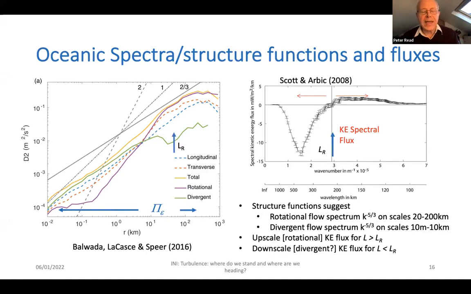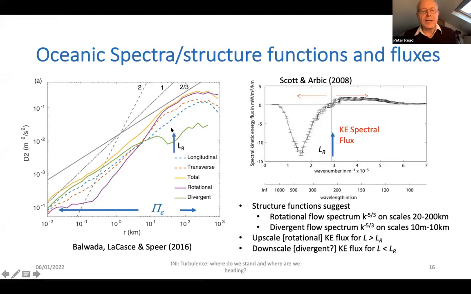But interestingly, they also come up with a picture that is surprisingly similar to what we find in the atmosphere, namely that at the smallest scales, the flow is dominated by the divergent component, essentially the green line here on the left, whereas the rotational component becomes dominant at the larger scales.